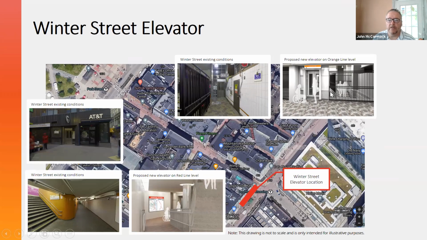And up on the right is a rendering of the elevator that will open directly onto the southbound platform for those customers who have paid. And there will be an opposite door that will open onto the unpaid side that you see in this existing photo, that will allow our customers to pay to access the Orange Line southbound or Red Line southbound.